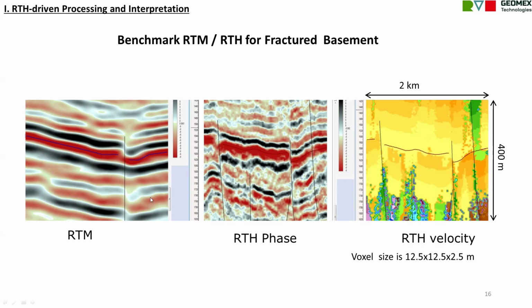This is reverse time migration, very similar to Kirchhoff migration in depth. This is one of our attributes called RTH phase. More detail: this is RTH velocity. Green is the low velocity and deals with the fracturing, with the fracture, this is a fault.